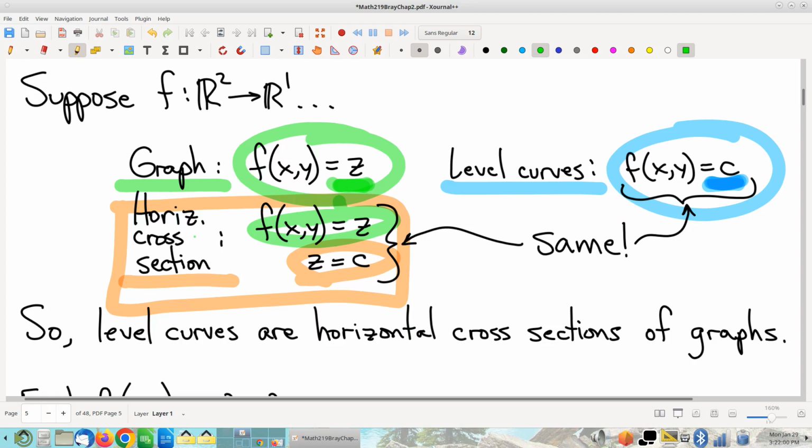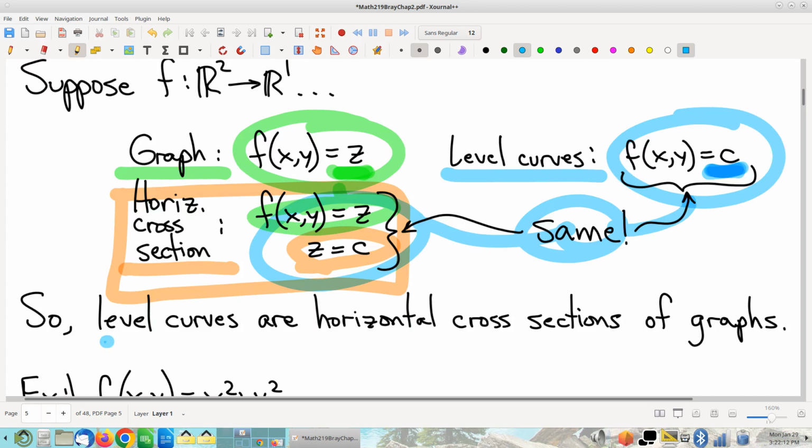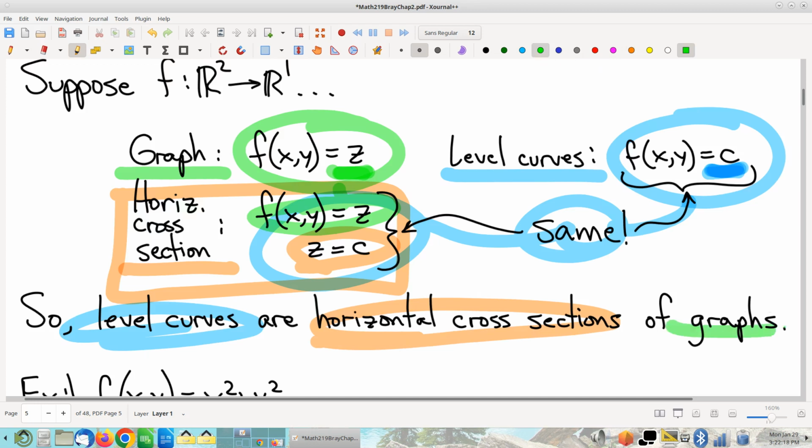Altogether, you have morally the same thing as f equals c. So the nice punchline here is that level sets are horizontal cross sections of graphs, and that's a nice pithy little conclusion. Level sets are horizontal cross sections of graphs.